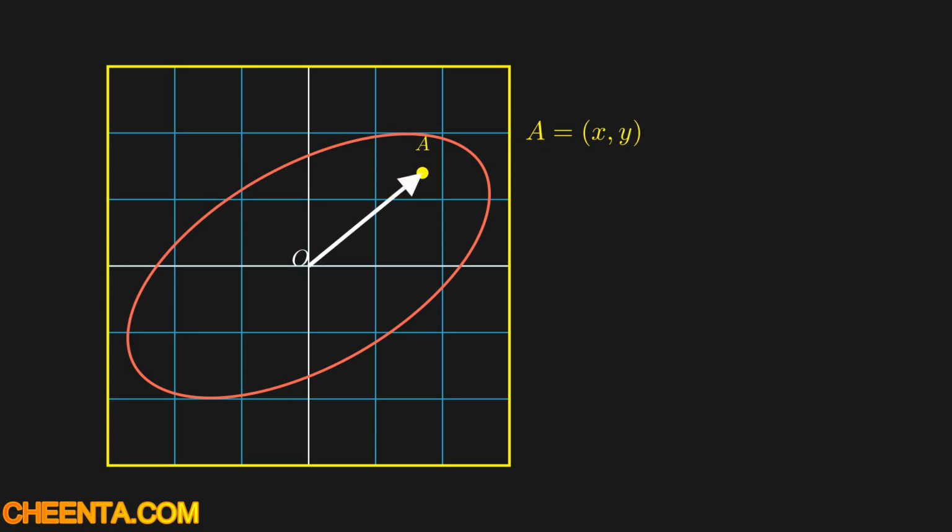Now we will mark the midpoint of this arrow, that is the midpoint of line OA, and we will name it A prime. It is here. As is already known, the coordinate of A prime will be the coordinate of A plus the coordinate of O divided by 2, as shown here. So x/2 and y/2.